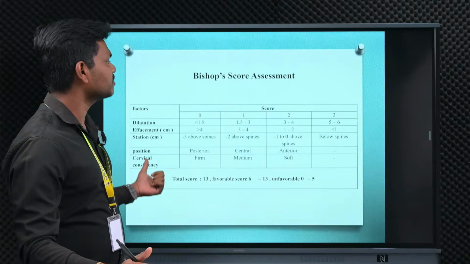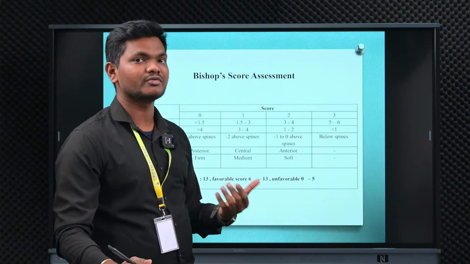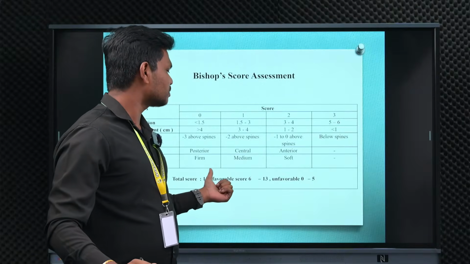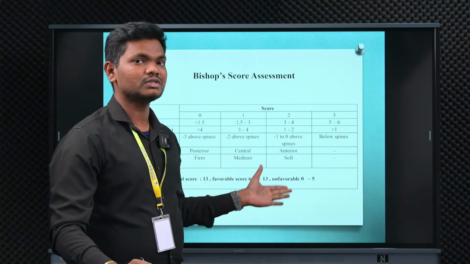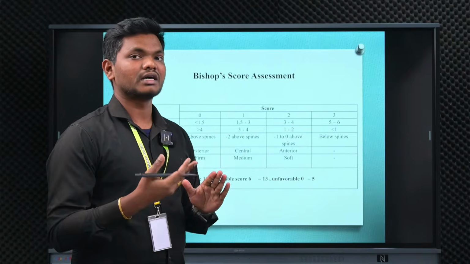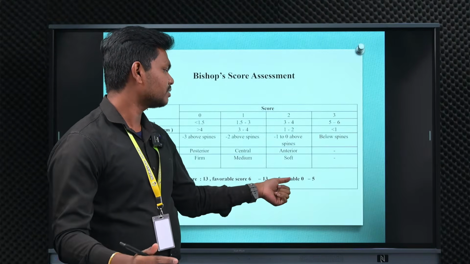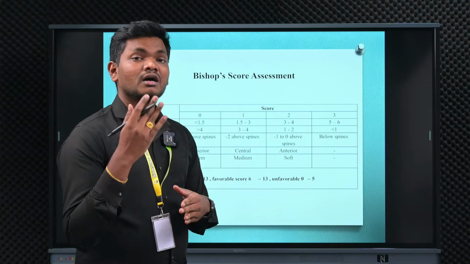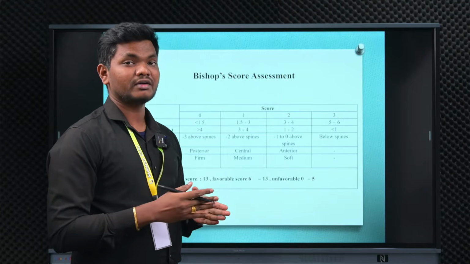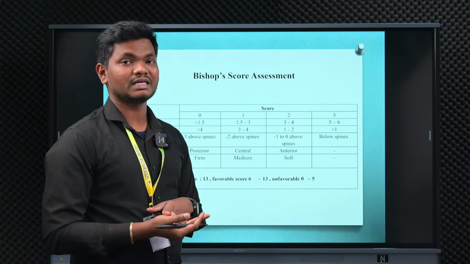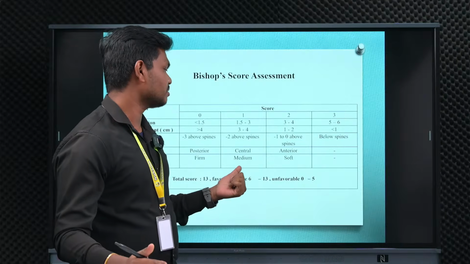All these things should be checked before starting the induction. The total score is 13, and the favorable score is above 6. When the mother gets above 6, then we can start the induction. If it is an unfavorable score, 0 to 5, when the score is 0 to 5, then we should not perform the induction of labor. So that is the main thing.